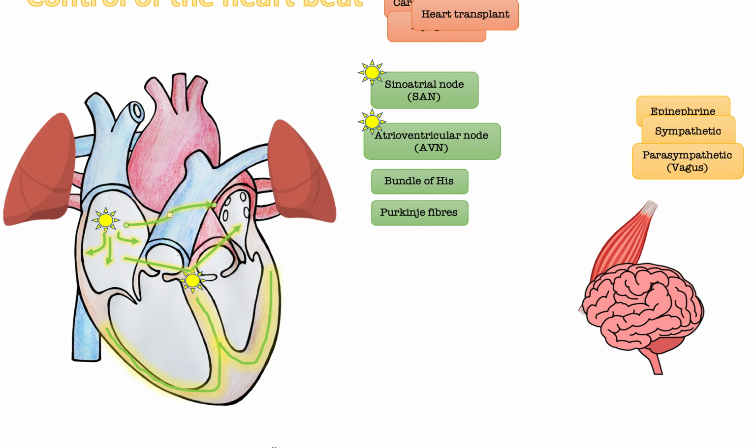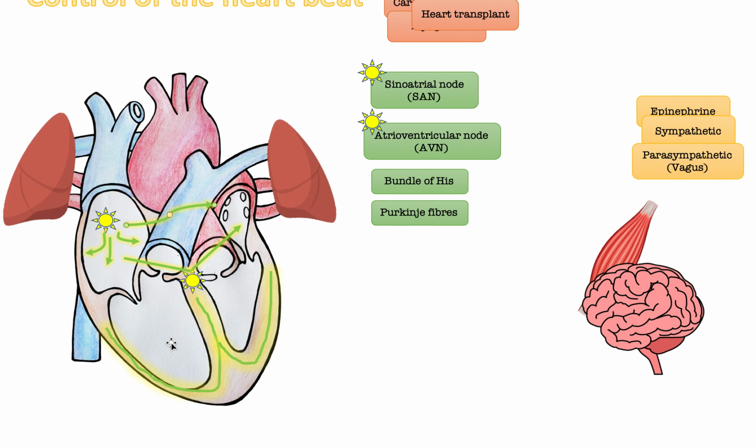And you can see this signal travels to the ventricles. Okay, so the question from me to you is, why does the whole heart not contract at once? Why do the atriums and the ventricles not contract at the same time?